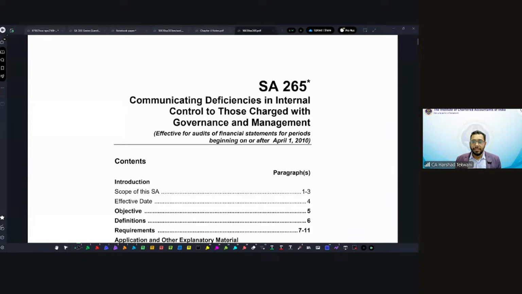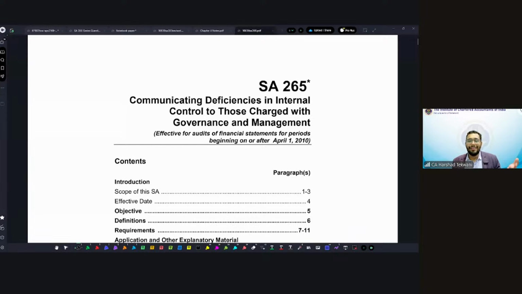Now, let's say the control is designed in such a way that it is not able to prevent that, or the control is not operating effectively: the person doing the three-way match is not paying attention, and is also matching invoices which are not getting matched, so he is not able to understand the control.